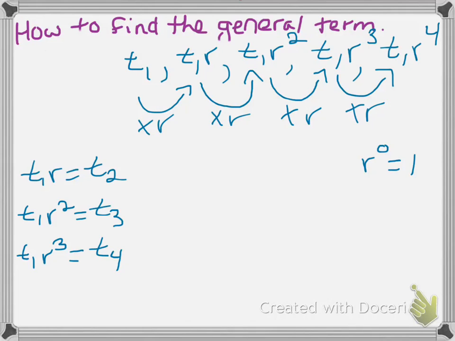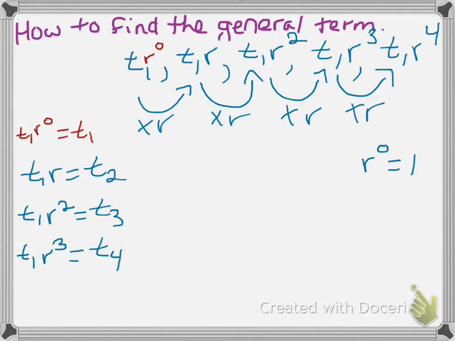So there is this little secret r here. Let me change colors. It's actually T1r to the 0. So T1 times r to the 0 is equivalent to our T1.